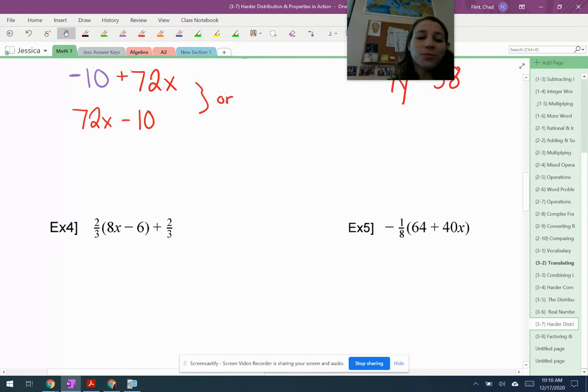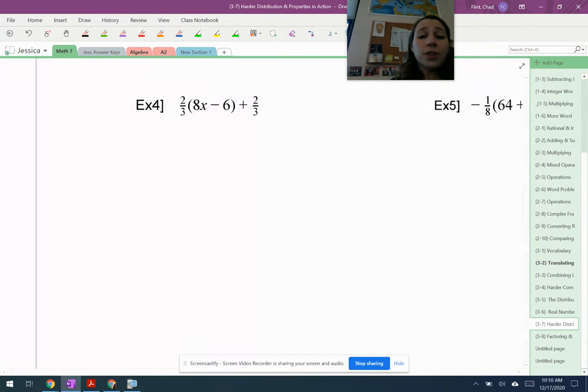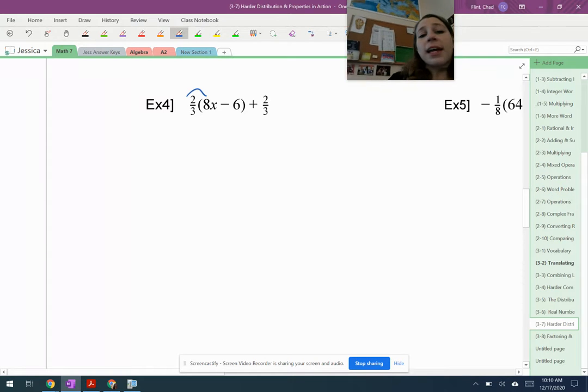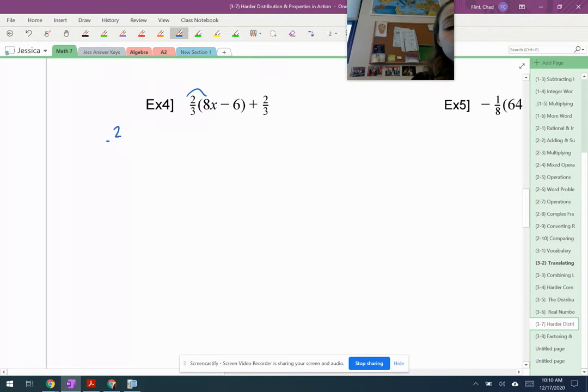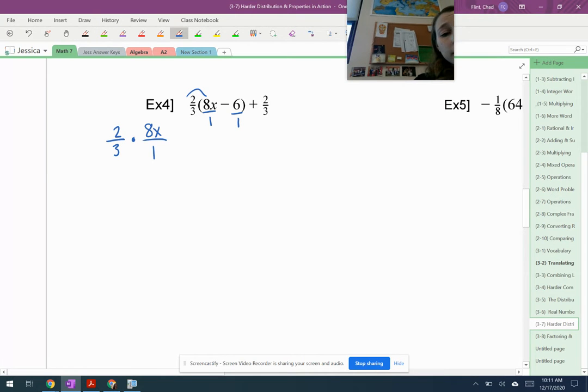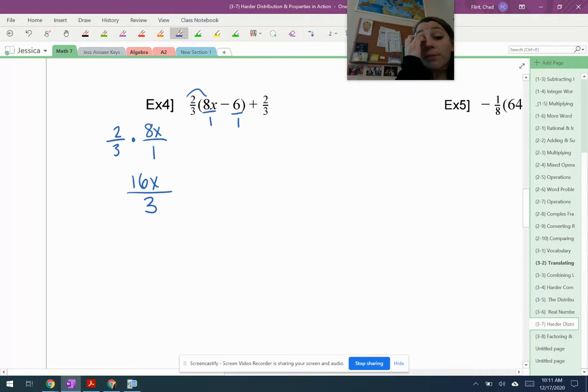multiplication. So here we're taking that 2/3 out front in our example 4, and we are multiplying that 2/3 by both the 8x and the negative 6. And I'm just going to take this step by step here. So 2/3, again, both of these can be turned into fractions by putting them over 1. 2/3 times 8x over 1 gives me 2 times 8x on the top would be 16x divided by 3, because 3 times 1 is just 3.